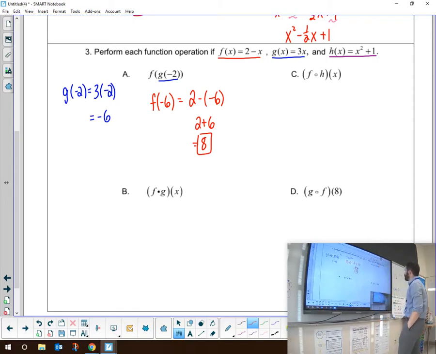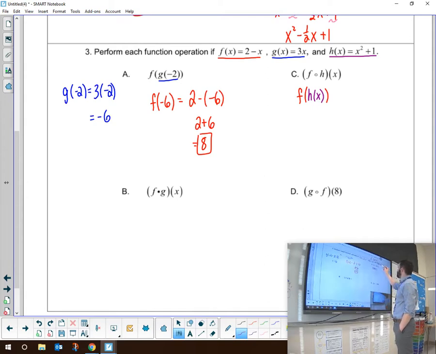All right, let's take a look at letter C here. We're going to have f of h of x. So let's rewrite this. So we're going to have f of h of x, okay? See how that kind of breaks down, okay? f of h of x. So it's telling us h of x is going to be inside f. So we already know what h of x is.